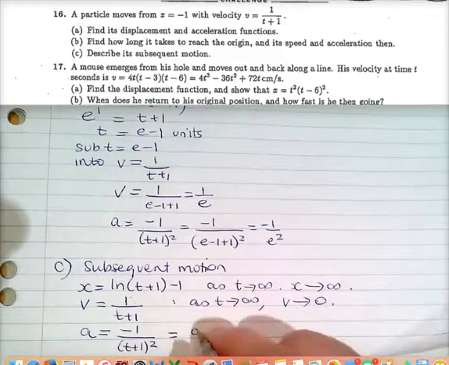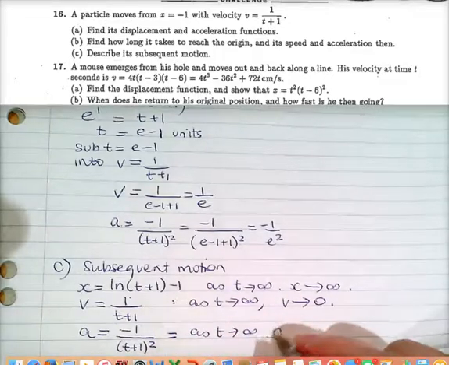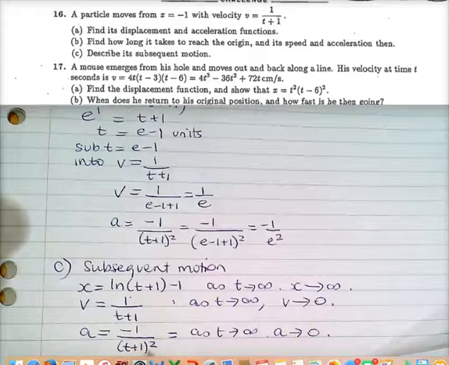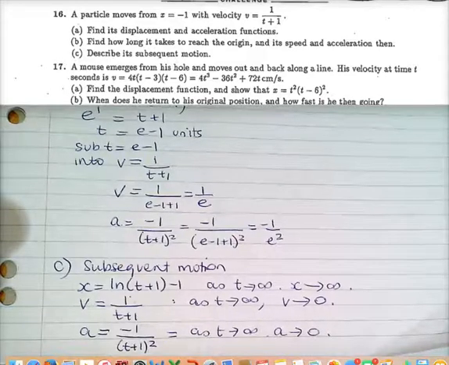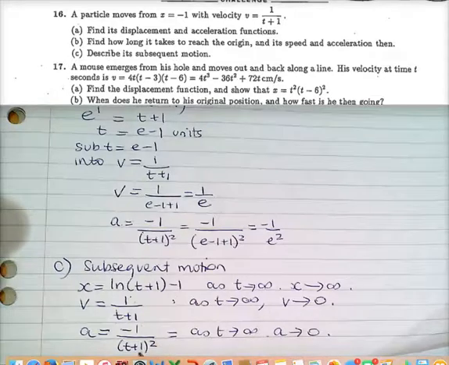As t approaches infinity, the acceleration will also approach 0, because we'll get negative 1 over a very large number, which gives a number very close to 0. Acceleration will be negative, velocity will be positive, so the particle will be slowing down.